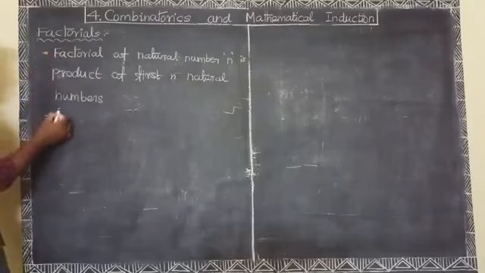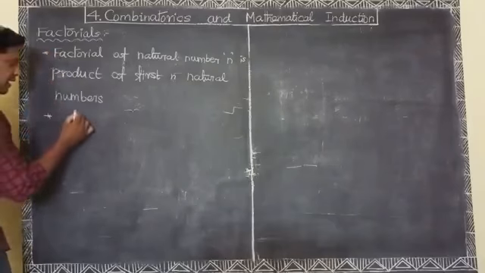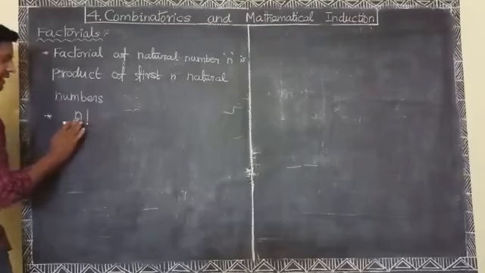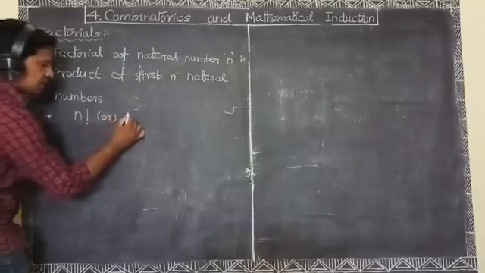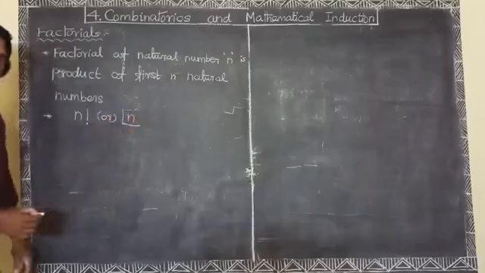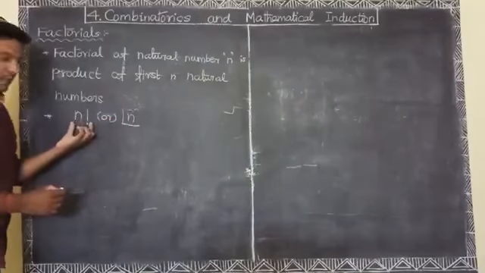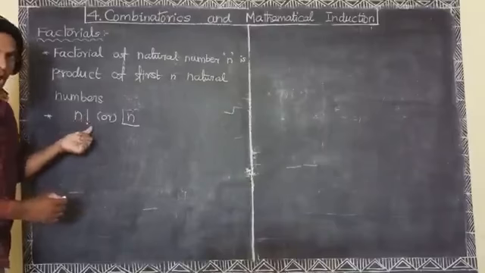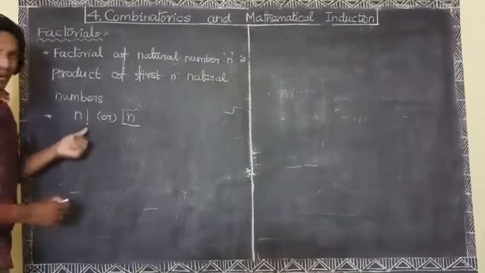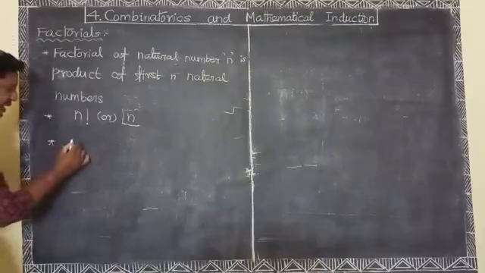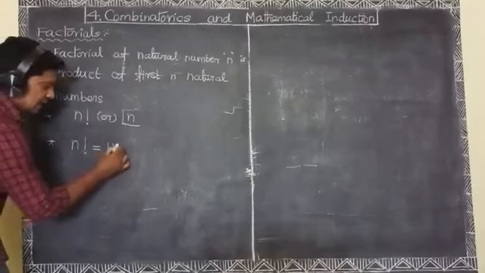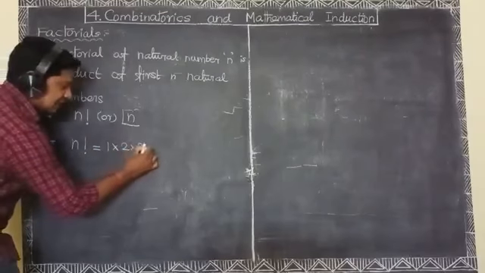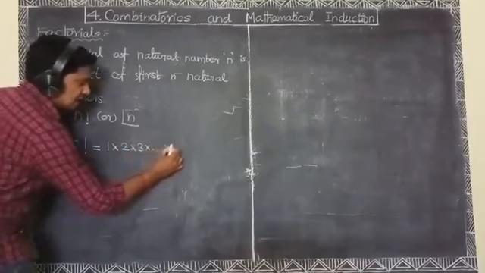It is denoted by n factorial, and read as n factorial or factorial of n. It means n factorial is equal to 1 into 2 into 3 into and so on into n minus 2 into n minus 1 into n.